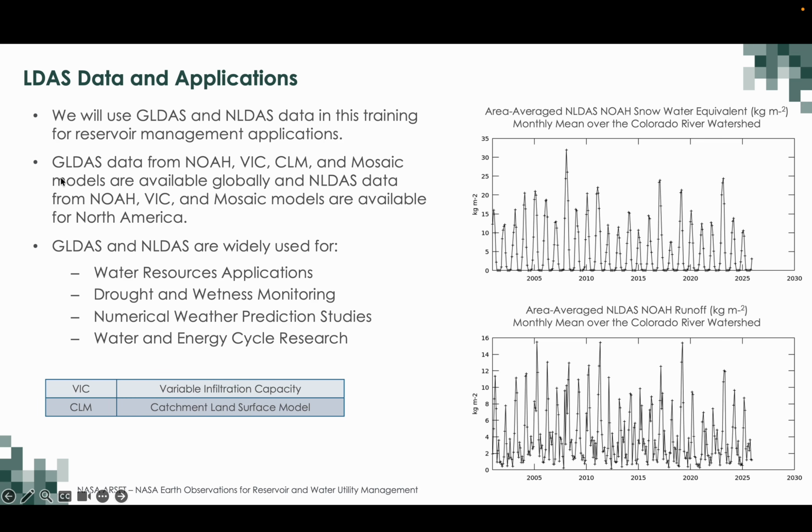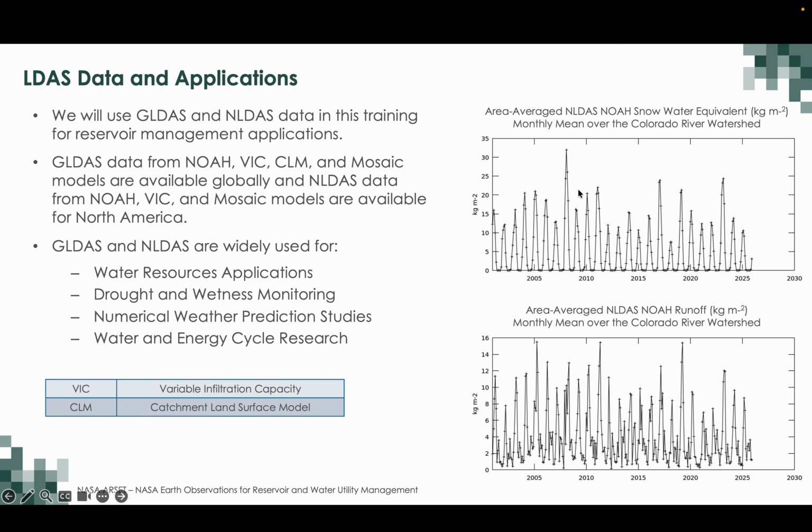Now, GLDAS data also have multiple land surface models: NOAH, VIC, CLM, and Mosaic. These models are available globally, and NLDAS data from NOAH, VIC, and Mosaic are available for North America. GLDAS and NLDAS have been widely used for multiple water resources applications as listed here.